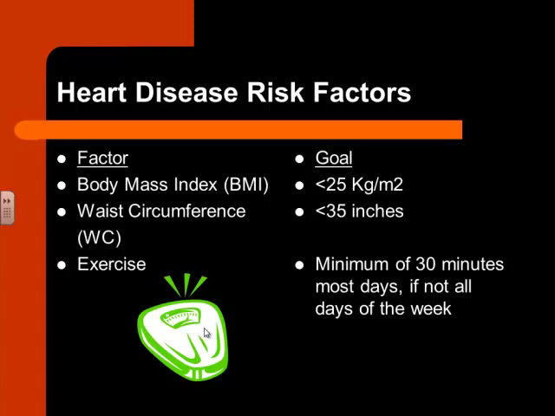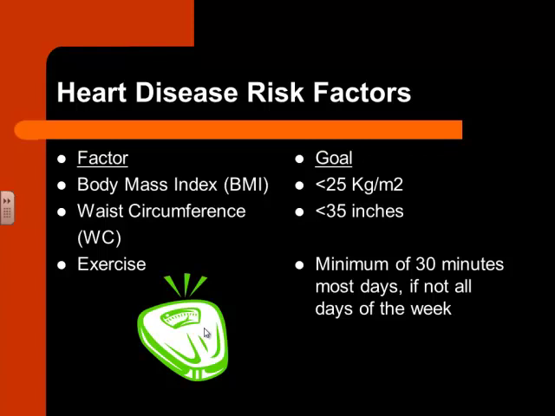New research has indicated that waist circumference is a better predictor for physicians to look at than the BMI, because the BMI does not take muscle mass into account. So someone who is really physically fit, really muscular, their BMI might be greater than 25 when in fact they're not obese. So I think more and more physicians are looking at the waist circumference versus the BMI.